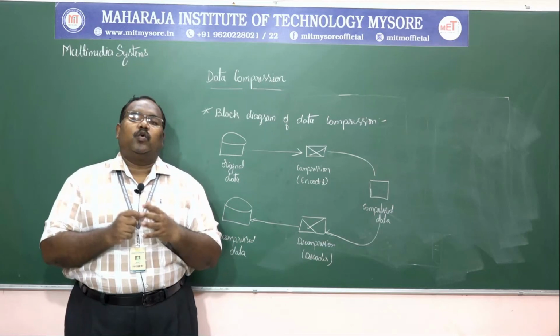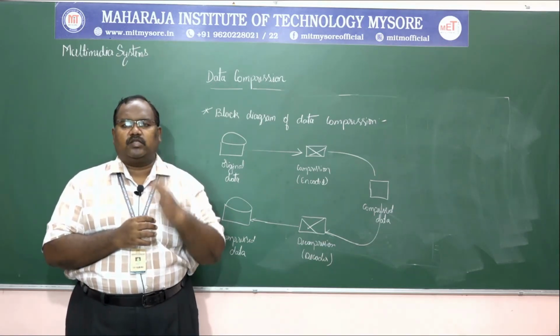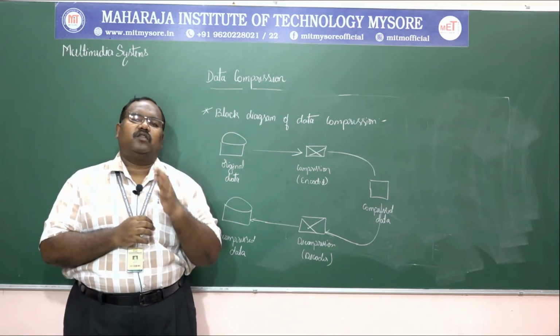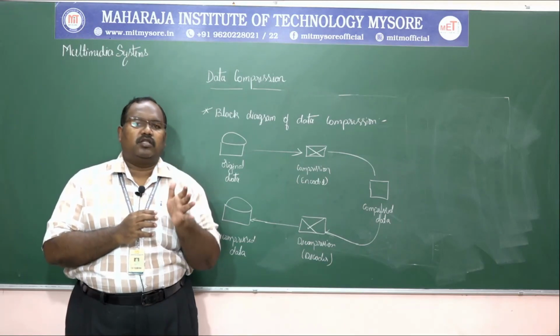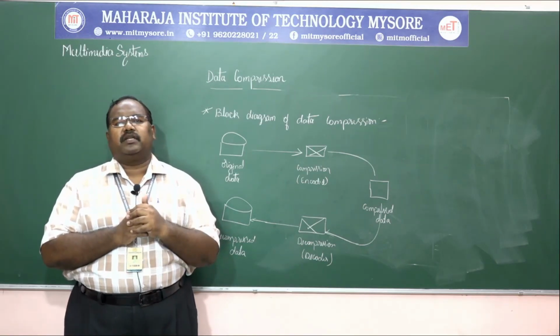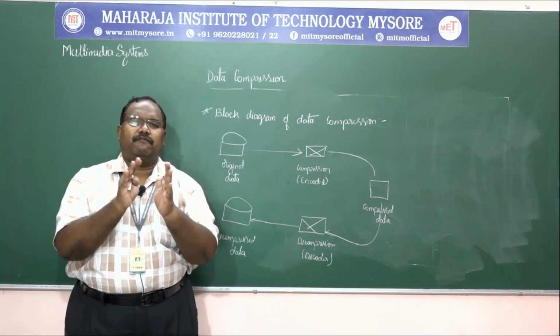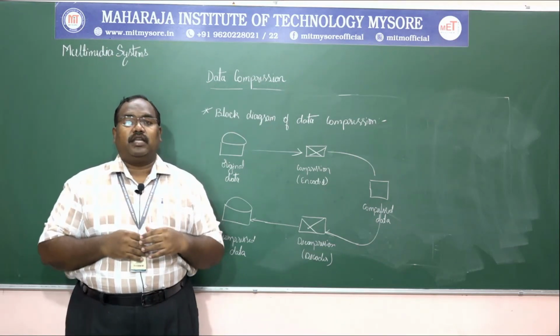We have also seen why data compression is an important topic in today's world. We have seen the need for compression, and the various types of compression methods, that is lossy and lossless compression, along with a brief differentiation between them.